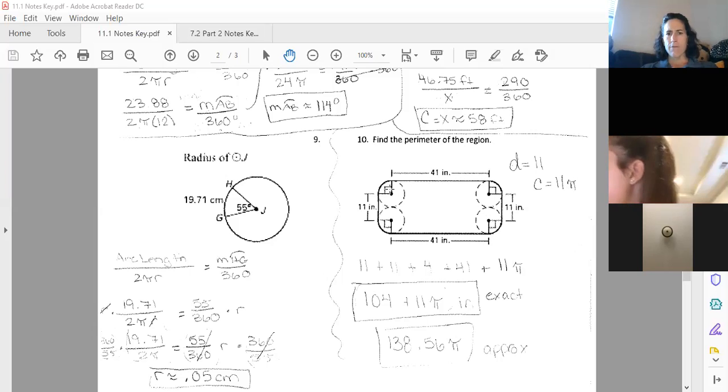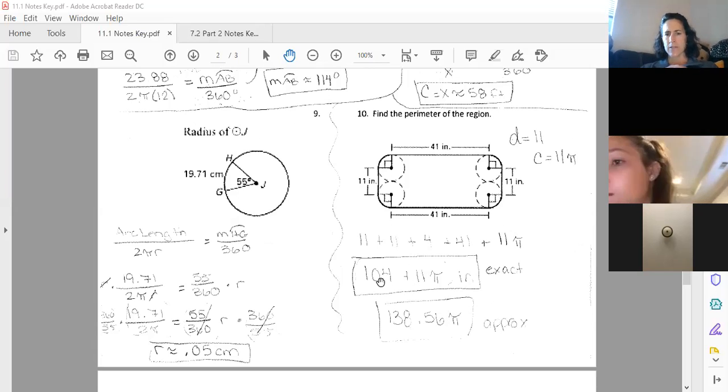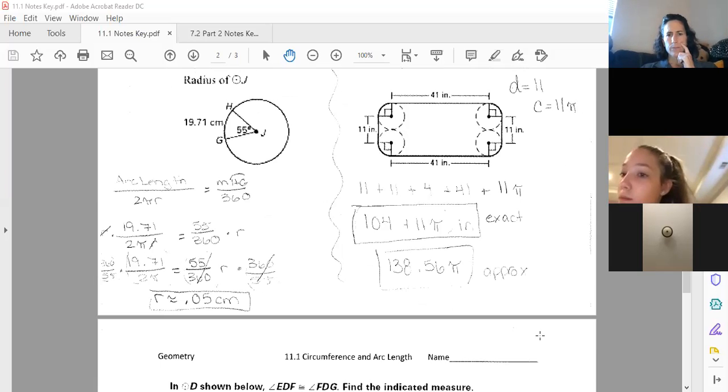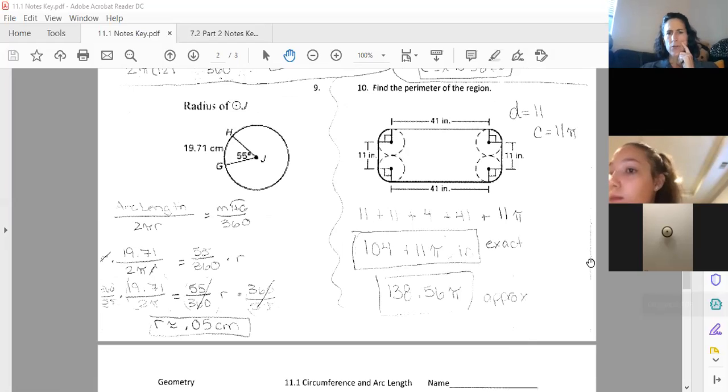Because I have 4 corners, they make up the entire circle. So 11 plus 11 plus 41 plus 41 plus 11 pi, and that would make up all of those corners. If I want an exact answer, I would say 104 plus 11 pi, or I could turn that into a decimal approximation, 138.56. You could even multiply it by pi to get another decimal approximation if you wanted to. Does that make sense? I know it might have been hard to see.